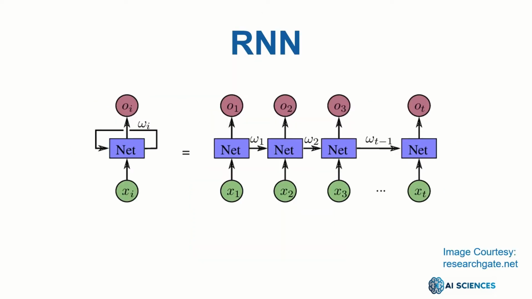So let's dive in. A recurrent neural network can be thought of as an ordinary neural network, but there is a layer, or a whole set of layers, that give their state back to themselves.